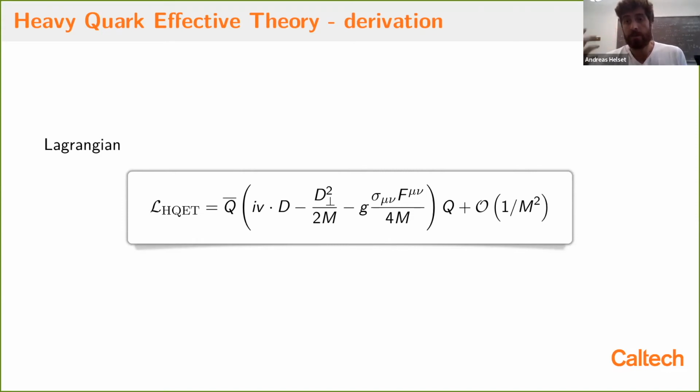So the HQET Lagrangian is an expansion in one over mass. It also illuminates the structure of the theory, namely it provides a multipole expansion of the fields, where the first two terms are the same whether you started with a scalar or a fermion, while in the fermion case you have this additional spin-orbit coupling here. So it's like a spin dipole coupling.